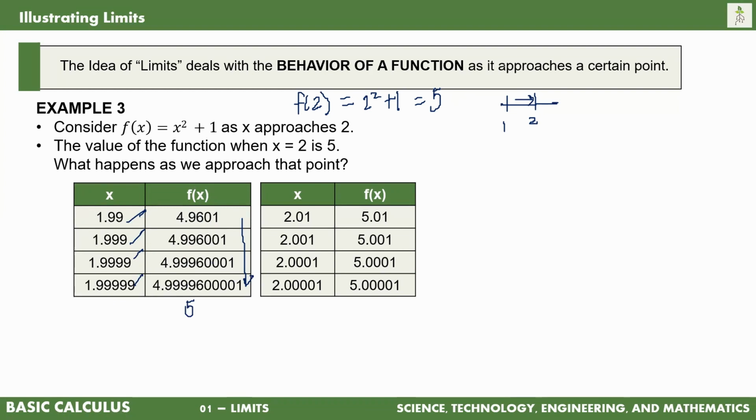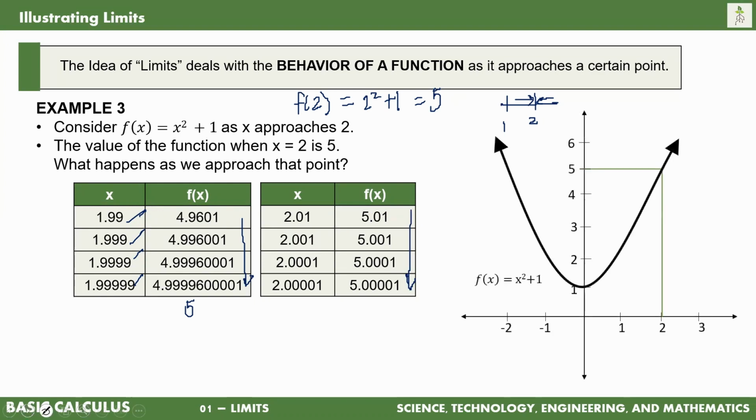Ngayon, kapag naman from the right side going to the left side, pina-approach mo sa 2, so 2.01, 2.001, and so on, itong value ng f of x, papalapit din siya sa 5. Okay? So, obviously, from this table of values, alam na natin yung limit.